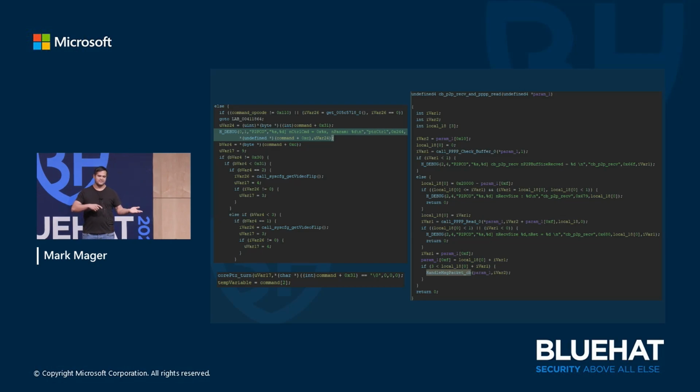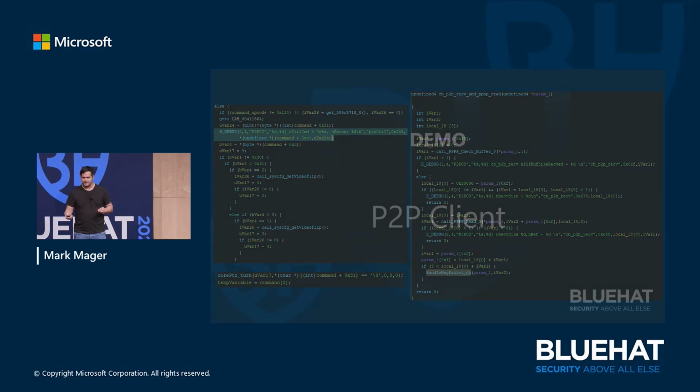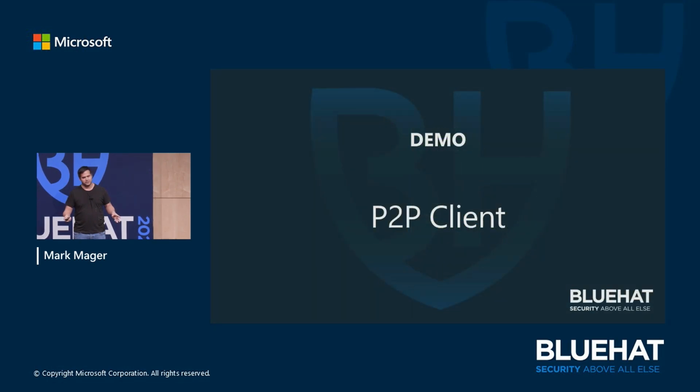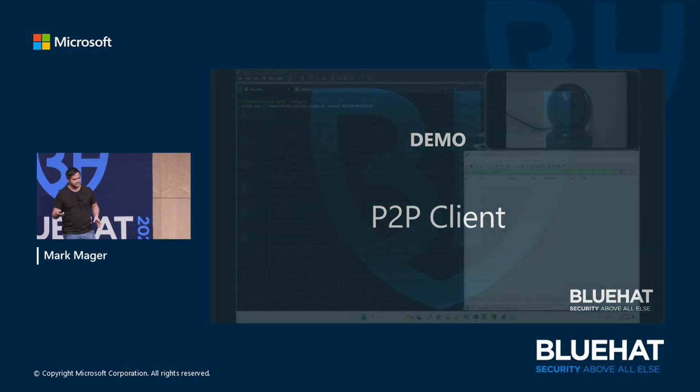And then backing things up a little bit further, we're able to confirm that yes, we were operating within one function which handles parsing all of these message DRW packets, right? And with that, we were able to get a much better idea of the full extent of the commands supported by the firmware, and we'll now demonstrate for you the peer-to-peer client that we built.